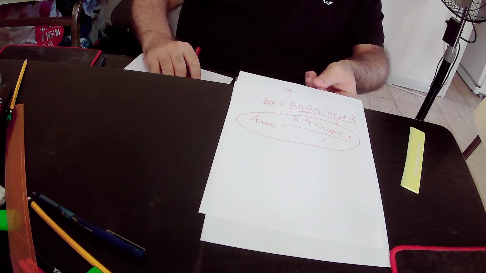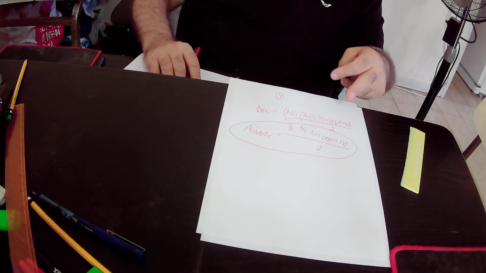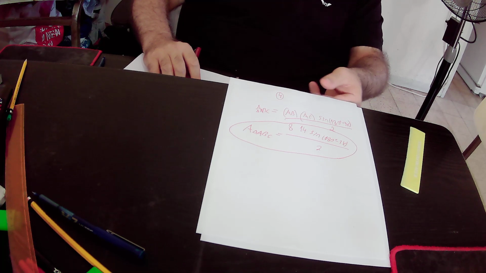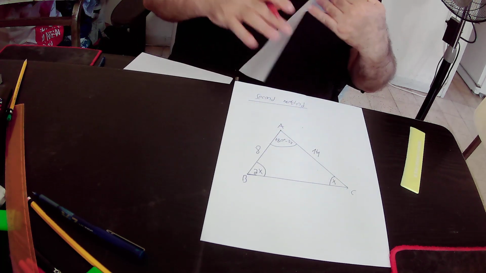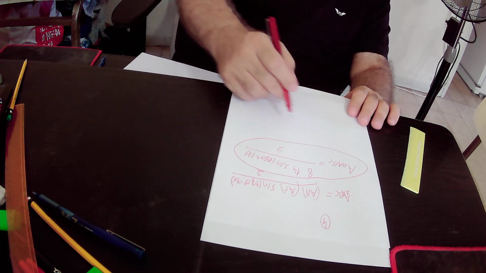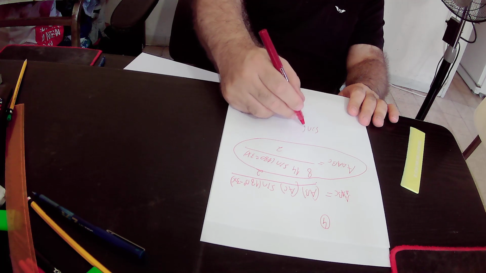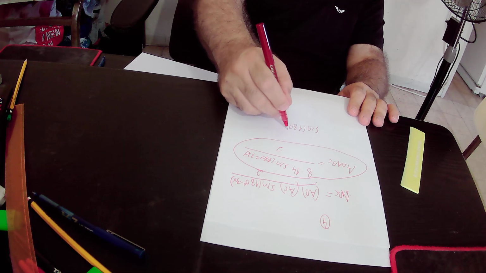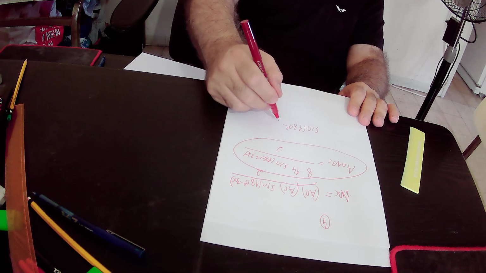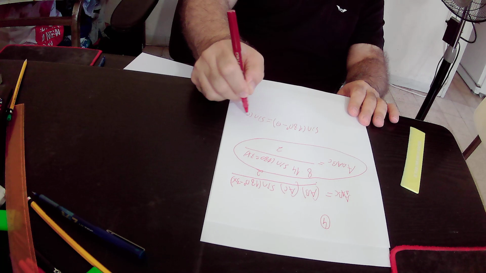We have a trigonometric identity that states that sinus of 180 degrees minus theta equals sinus theta.